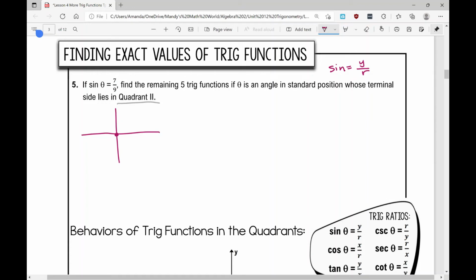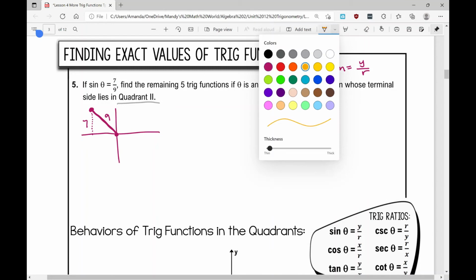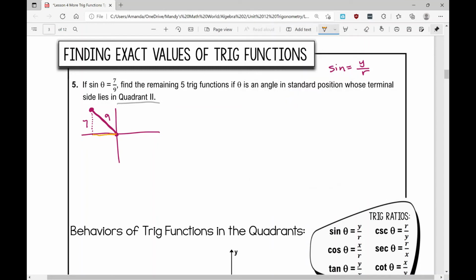So 7 over 9, if that's y over r, that means this right here is 7, our r value is 9, and we're missing this x value. So we need to find the length of this side of our right triangle.